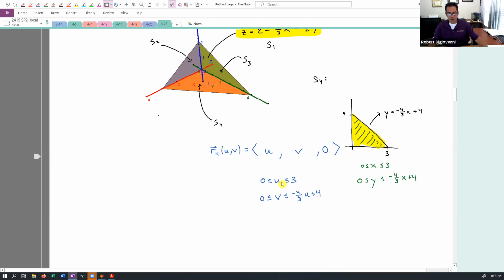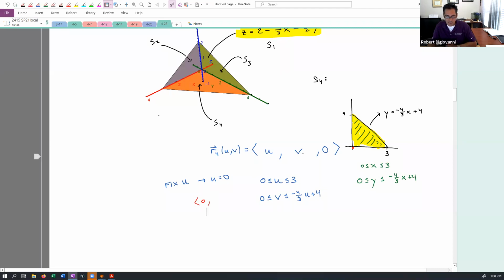So if someone right now were to fix me a u, fix u. So let's let u be 0, okay? If u is 0, then we're right here, right? And now I'm allowed to draw my v. If u is 0, we get 0 here.